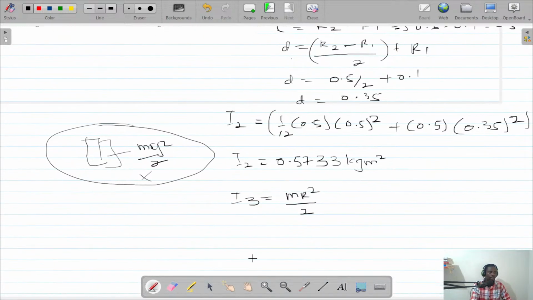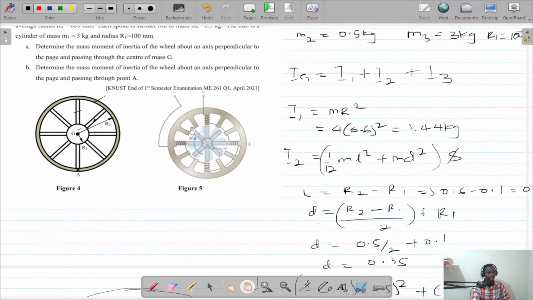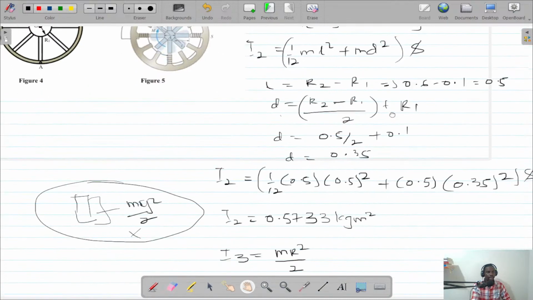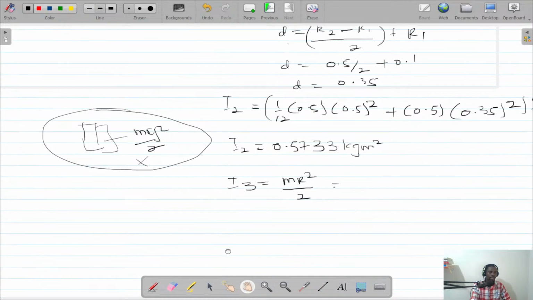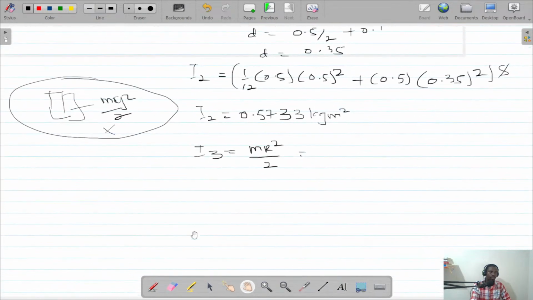Now the radius of I3, the radius of the mass 3 is what? R1, which is 100 mm. So we're going to have the mass is 3 kilogram.